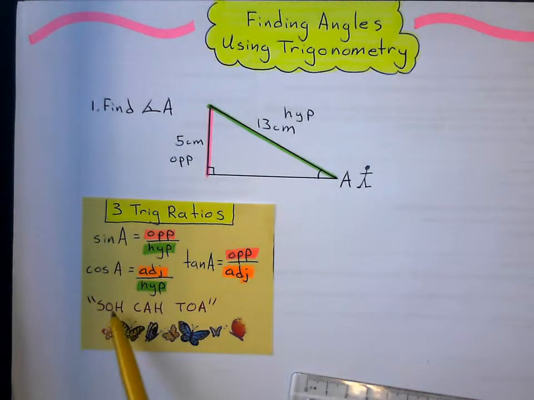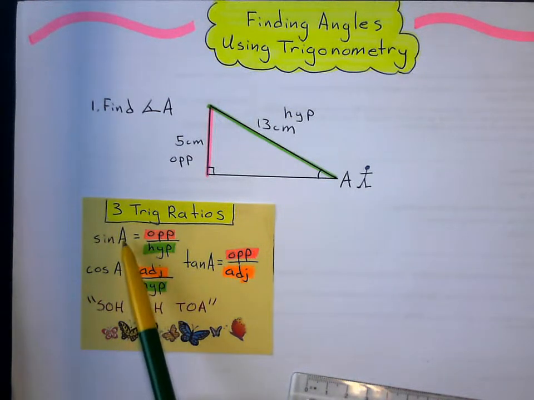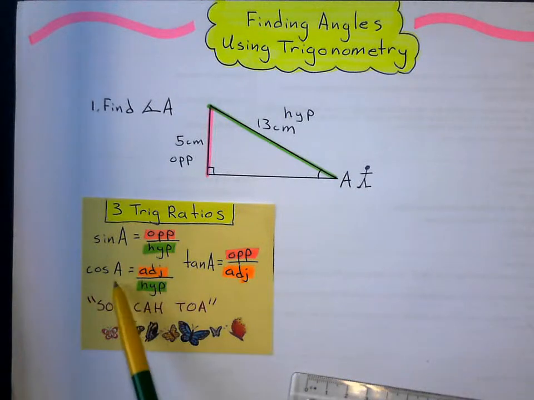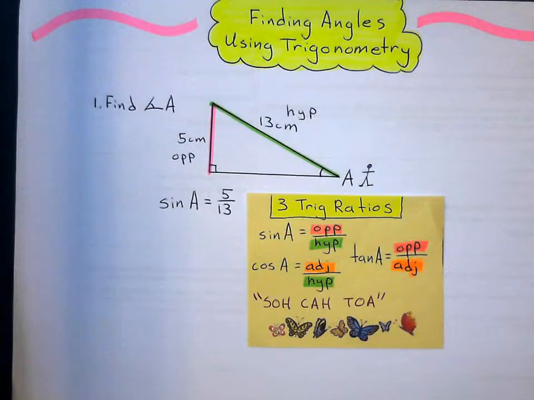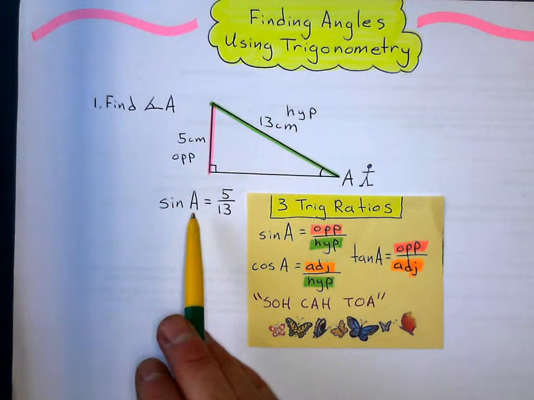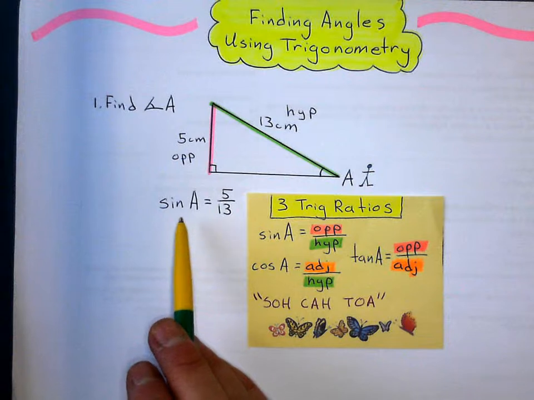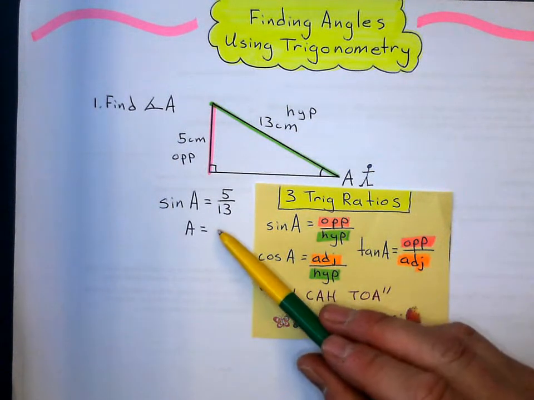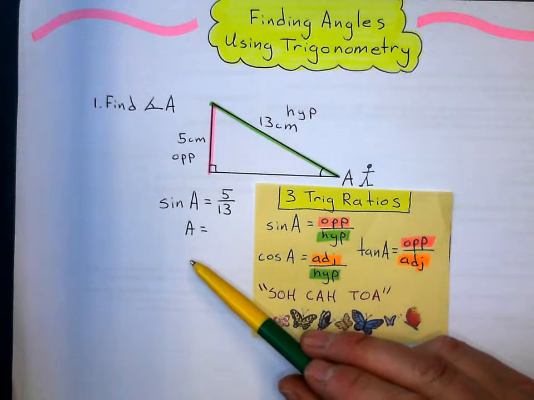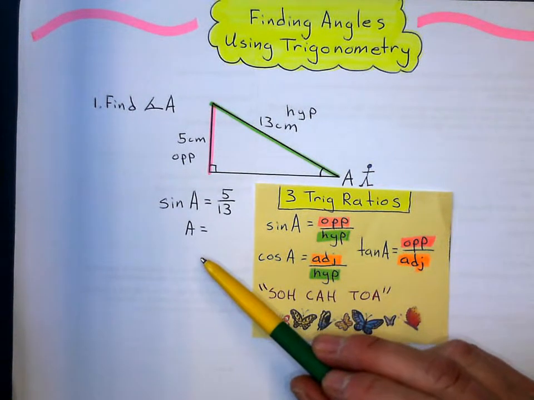So I set up my equation leaving the angle out. I don't know what the angle is yet, so it's going to be A. So the sine of angle A equals 5 over 13, and I want to find out what angle A is. Just like all math functions, the opposite of times is divided by, and the opposite of plus is minus.